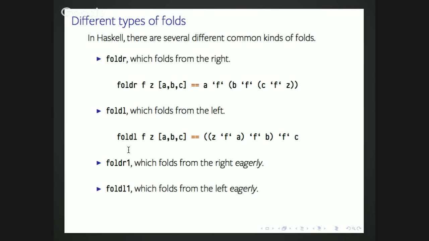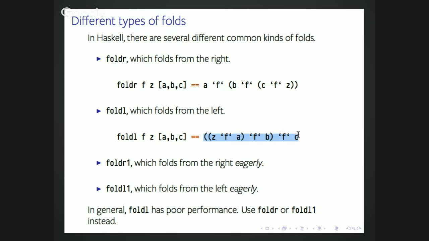And then foldl1 is similar to foldl, except it also folds eagerly. So in general, foldl has poor performance, so you should try to use foldr or foldl1 instead. If you want, we can talk about it on the forums, or you can try to figure out why. It has to do with this being lazy and the way these parens are positioned versus this case that causes foldl to not work very well.